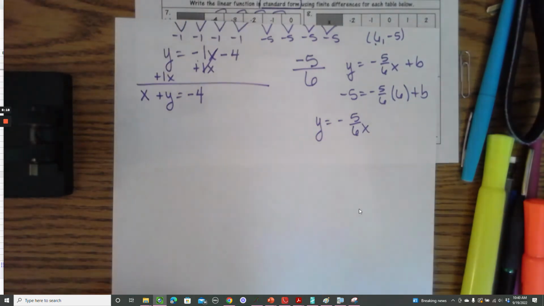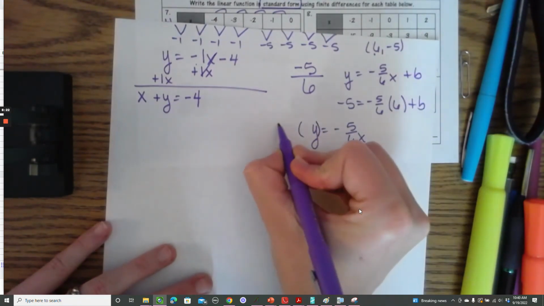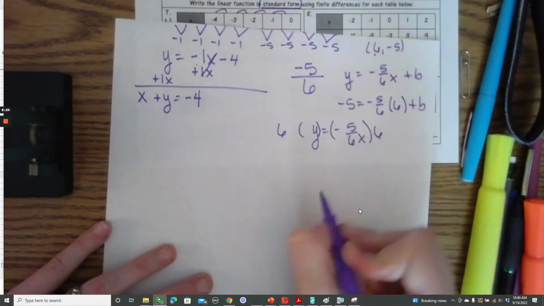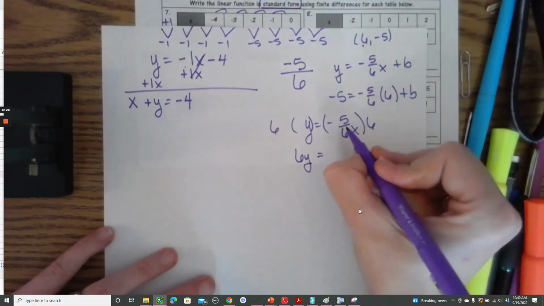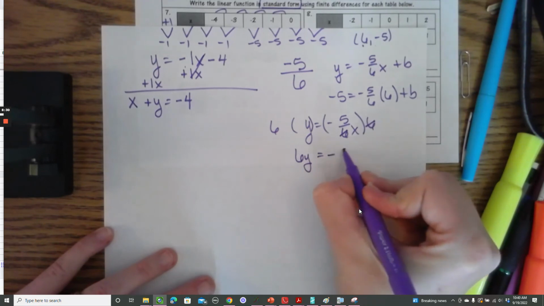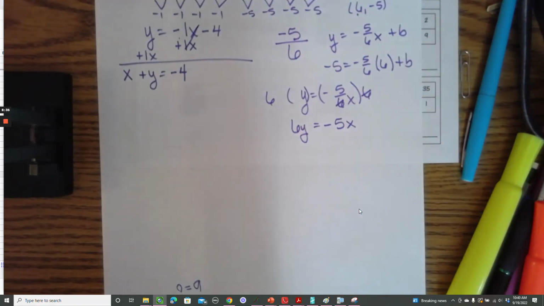Okay, so how do I get rid of that fraction? Divide by the denominator. So I times everything by 6. 6 times y, 6y. This cancels this. So now I have negative 5x. All right, I need x and y together. Is x positive? It's not. So that means I'm moving the x.